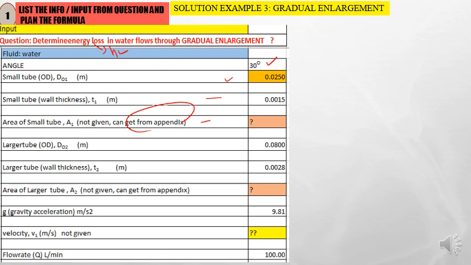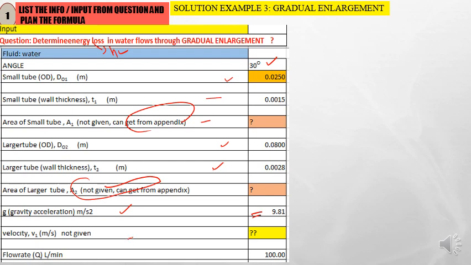The larger part dimension is also given, which is 0.08 with the thickness given. Same case as A1, A2 we can get from the appendix. And G we know is 9.81, even though it is not provided in the question, because this is general information that we should know.